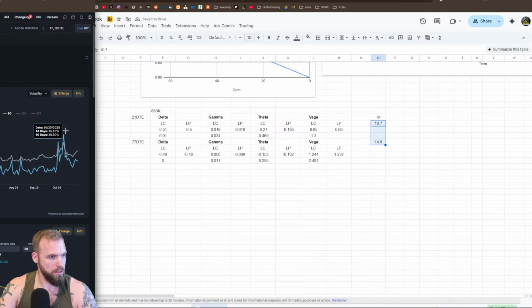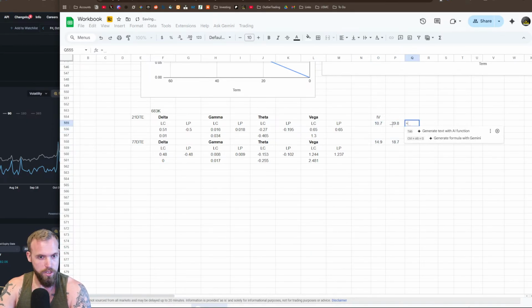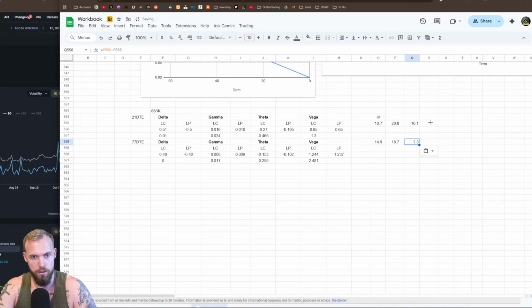These expand to 18.7 and 20.80. So I can now see what the overall changes involve between these. And then I can see how much I would have gotten on this change from my net Vega.